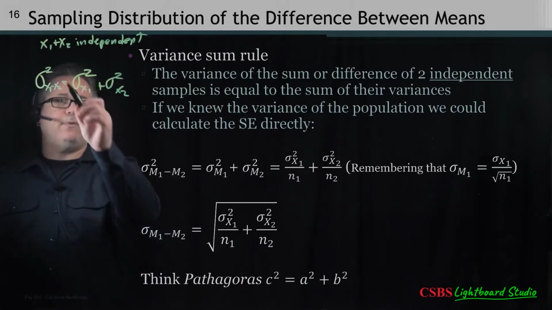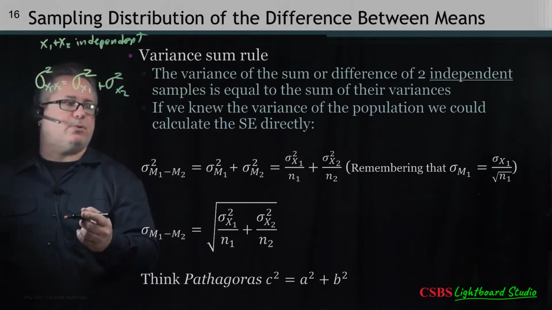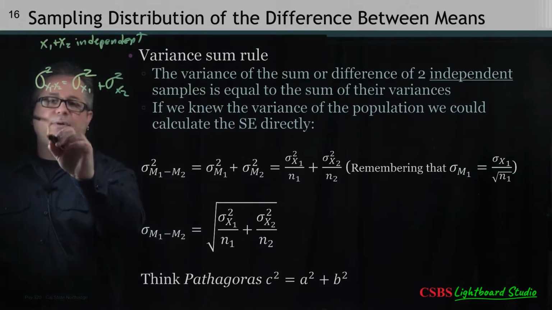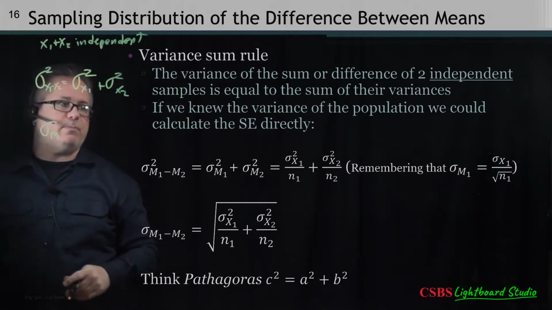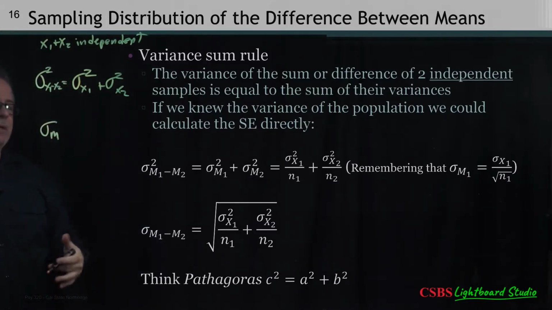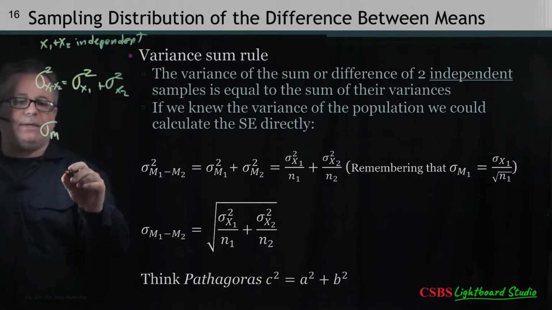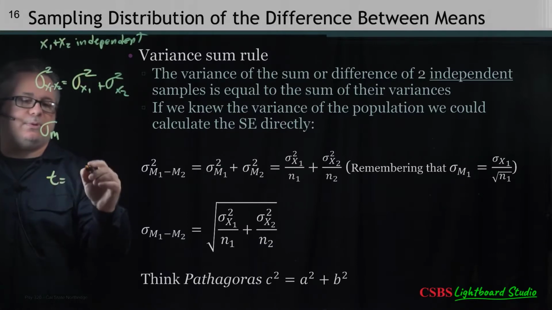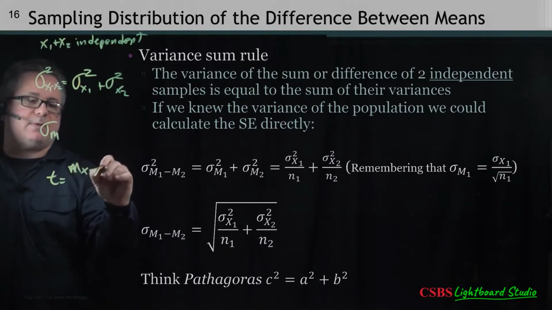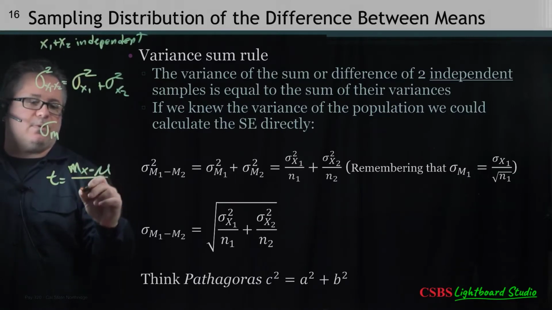Again, we don't want variances, we want standard errors. We want the standard errors of the mean, like when we did a one sample t-test. We wanted the standard error of the mean, so our t-test is equal to our mean for x minus mu over that standard error of the mean.